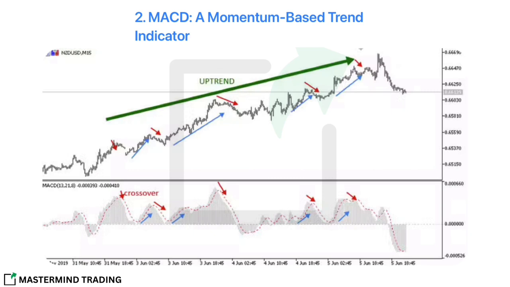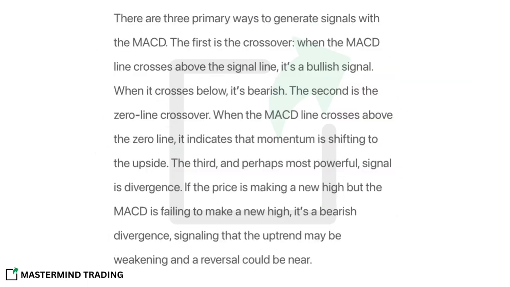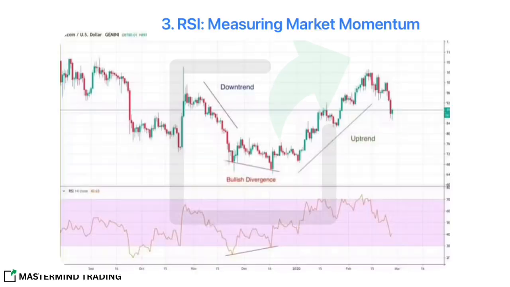This is basically when price is making, let's say, a new high and the MACD indicator is making a new low. Usually it will signal that the bullish trend is a weak trend, while when the reverse is the case, that price is making a new low and the MACD indicator is signaling a new high, this might mean that the bearish trend is a weak one and price might begin to reverse into an uptrend.